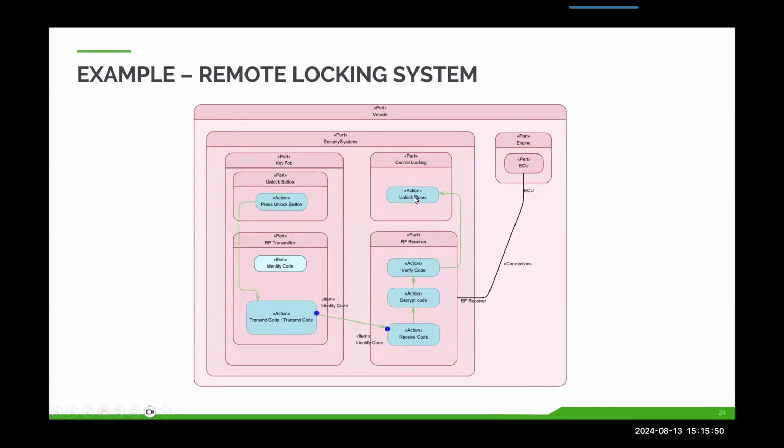But if we pass, then we go on and execute the unlock doors action in the central locking subsystem. So this shows how we can build the different functional behavior and understand the different actions and operations that occur within the context of the larger system and the structure.